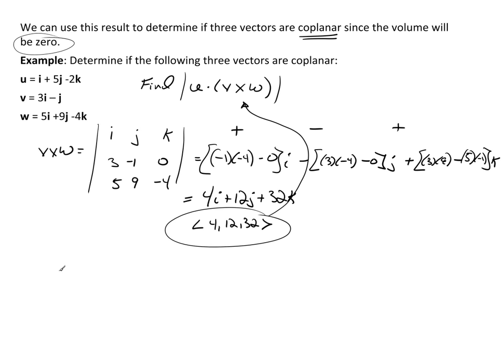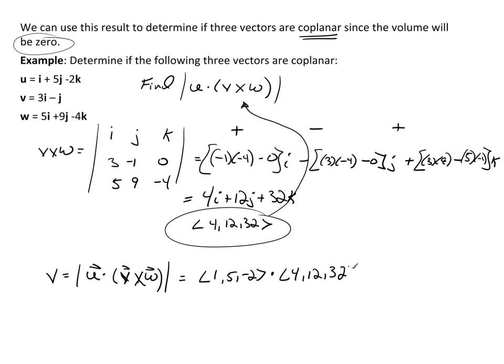Now what I need in order to find the volume is u dot v cross w, which is 1, 5, -2 dot 4, 12, 32.